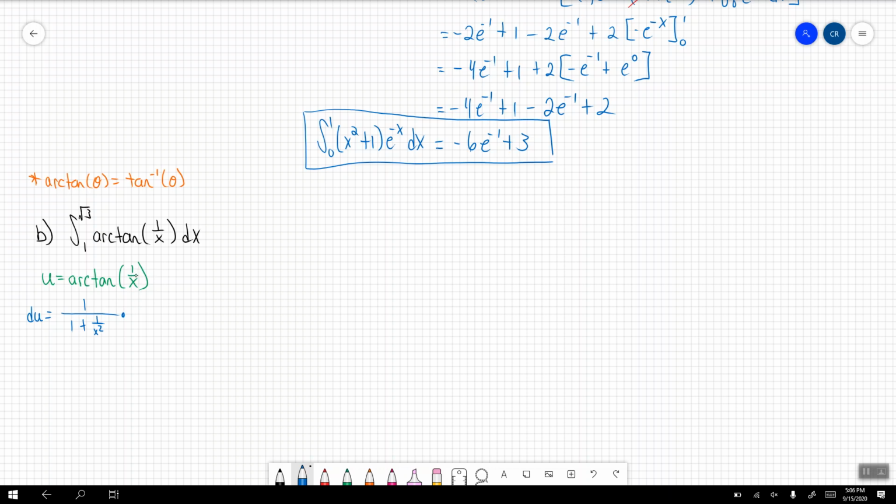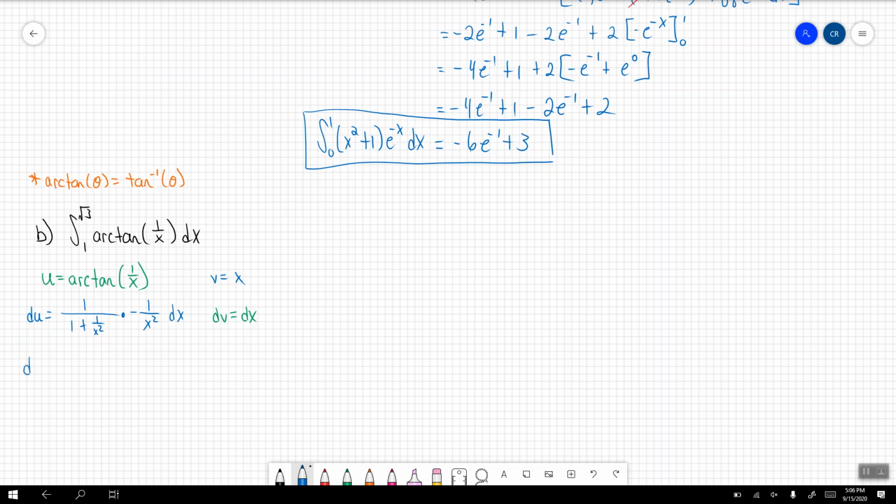So the derivative of the inside function is going to be negative 1 over x squared. All right, that's looking pretty all right so far. And that's dx. My dv is going to be my dx, whatever was left over on that integrand, which means my v is equal to just x.